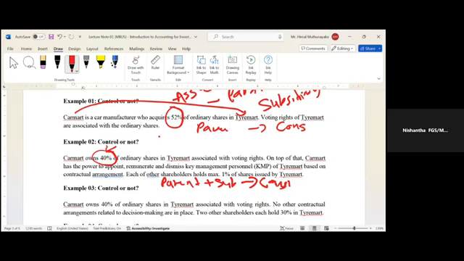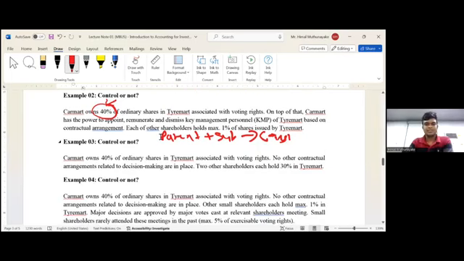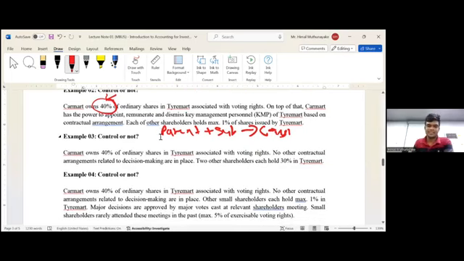Okay, good. The third point, so now it is getting much tougher, right? So think about the practical scenarios. In practical scenarios, we have so many companies. When we are preparing the consolidated financial statements, we need to decide whether that company has controlling power or not.